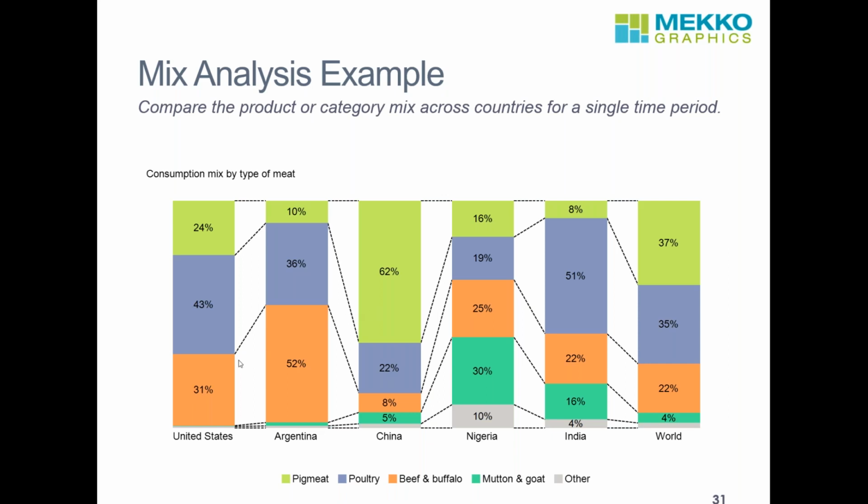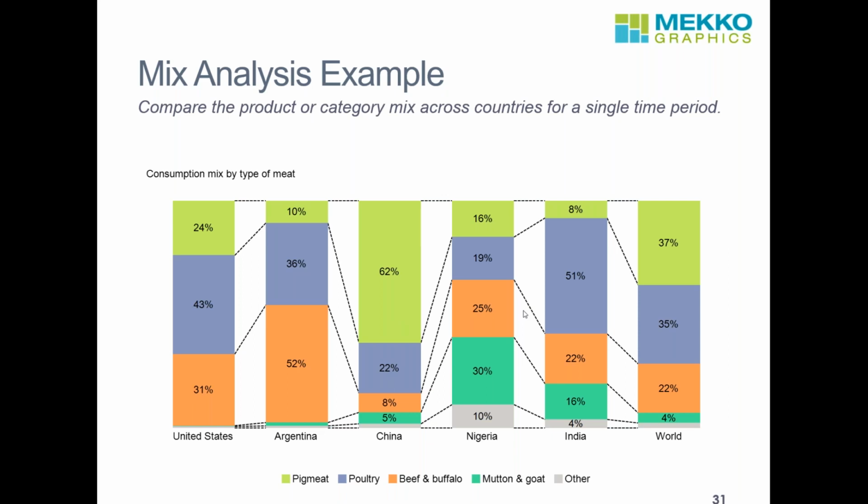And the mix is very different in the United States, which is heavily poultry oriented, Argentina, heavily beef oriented, and China, heavily pork oriented. So you can easily see this by comparing the mix of the different meats in the different countries.